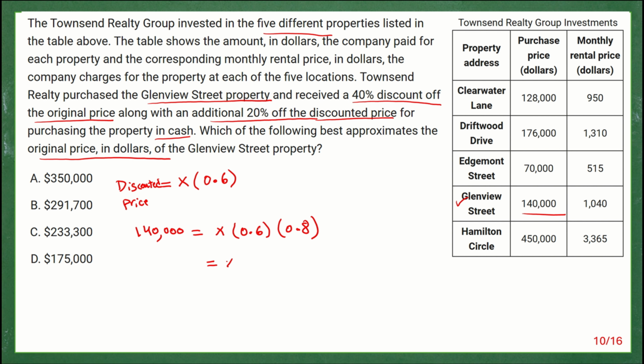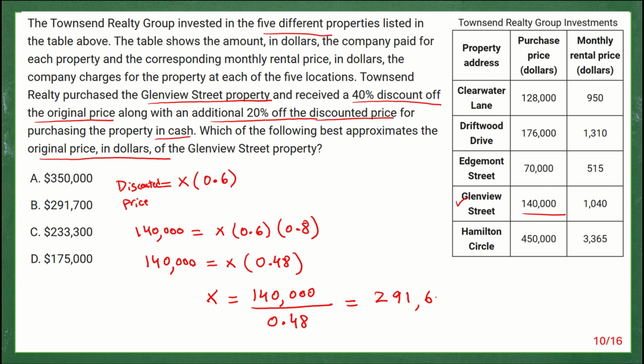So let's see that x times 0.6 times 0.8, this will become 0.48, and that is 140,000, and x is equal to 140,000 divided by 0.48. And if we solve this thing, it is coming around 291,666.6. So the closest I am is option number B here.